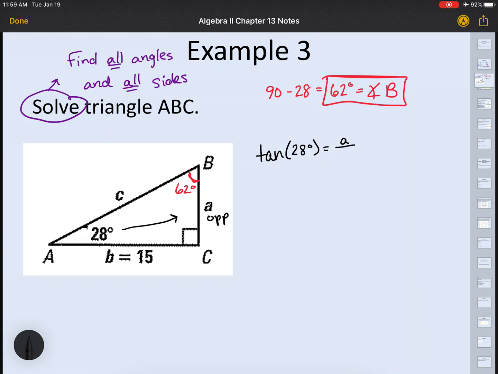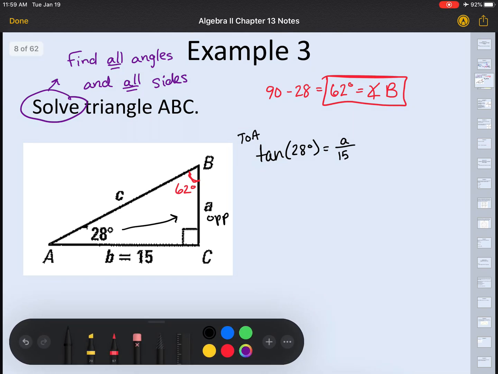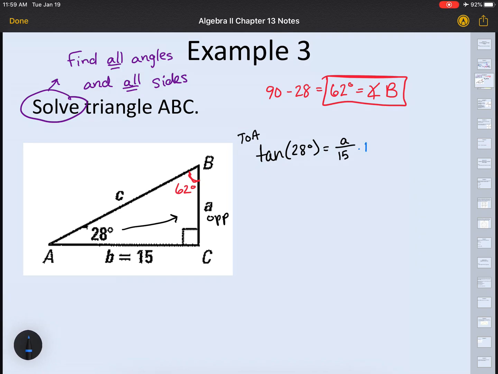And our adjacent, because we need opposite over adjacent, which is TOA, our adjacent is 15. So in order to get rid of that 15 real quick to solve for side length A, we're going to multiply 15 times the tangent of 28 degrees, and it's going to equal A.